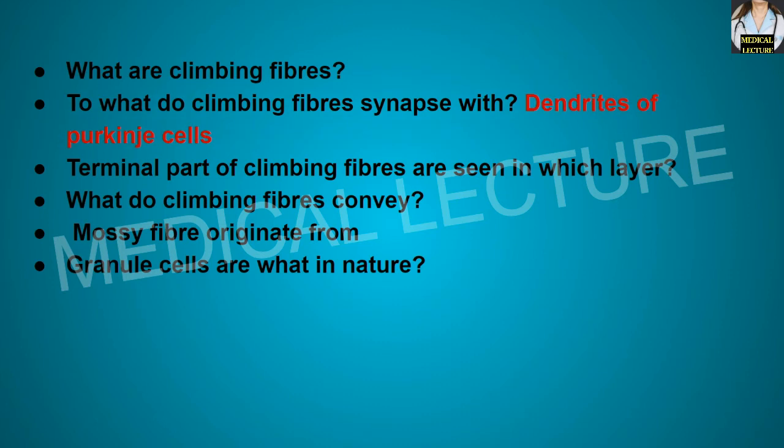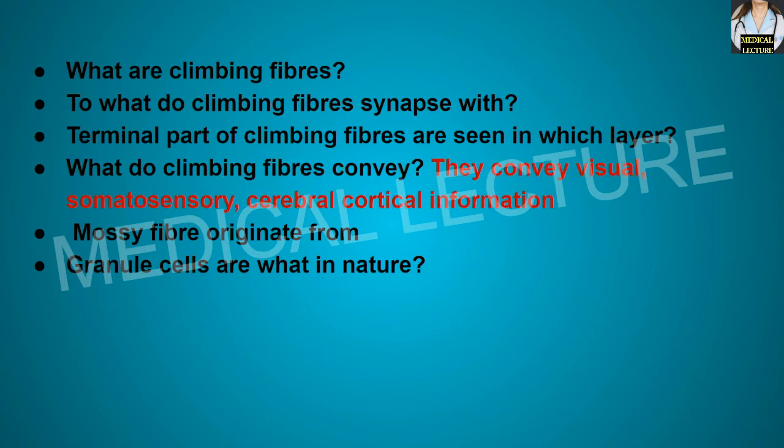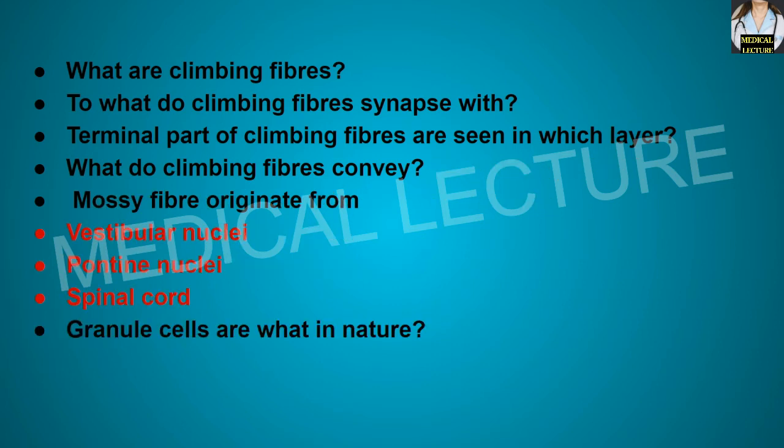Terminal part of the climbing fibers are seen in which layer? They are seen in the molecular layer. What do climbing fibers convey? They convey visual, somatosensory and the cerebral cortical information. Mossy fibers originate from vestibular nuclei, pontine nuclei and the spinal cord.